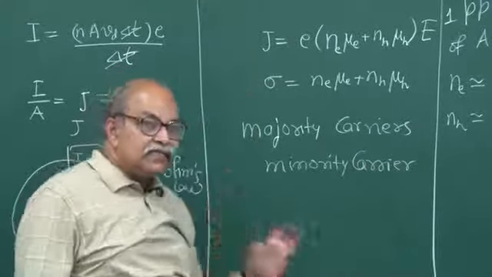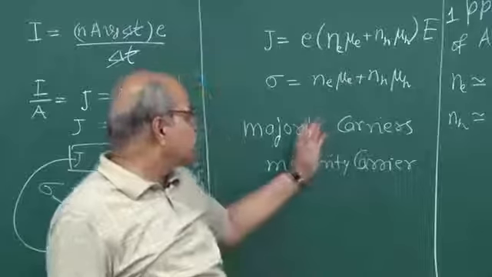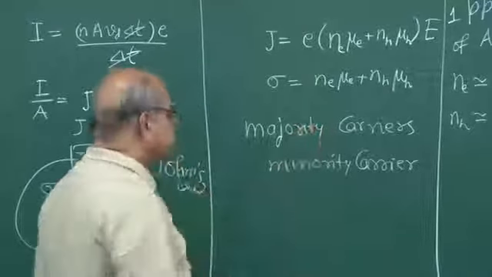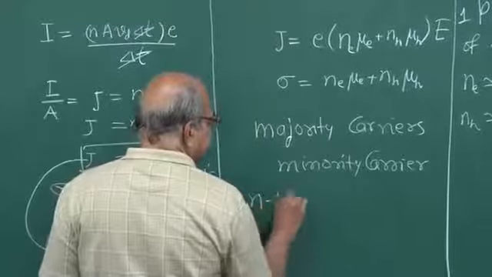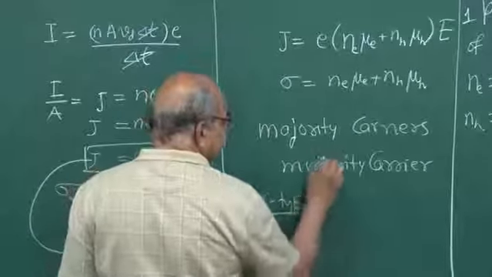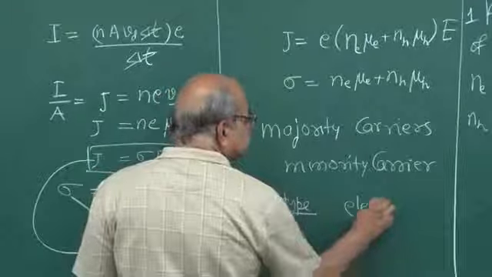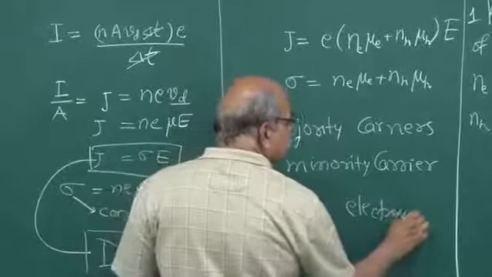In an n-type semiconductor, electrons are majority carriers.